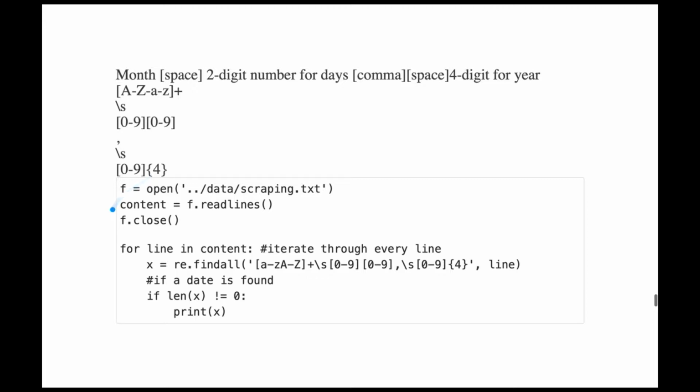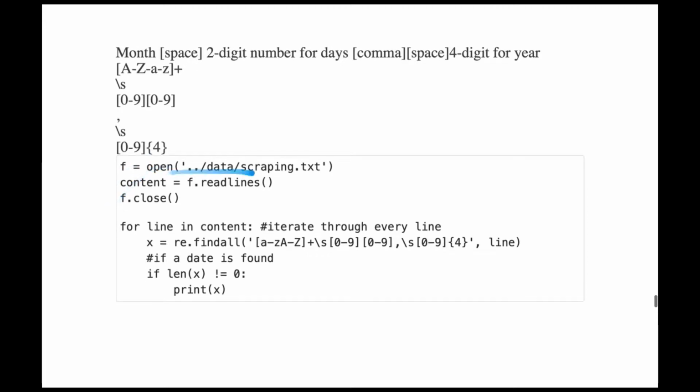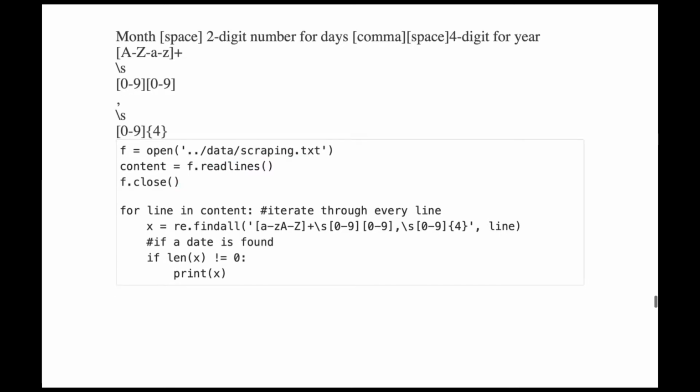All right, so we're going to open our file, and in this case, since it's a text file, not a data frame, we'll read each line in our file. So first we import it. We're reading the file and saving it in the content object. Now we're going to go through each line in our content, and we will find those patterns.